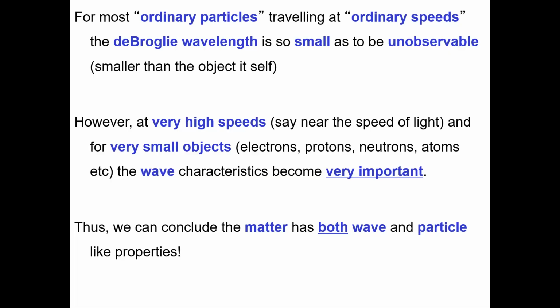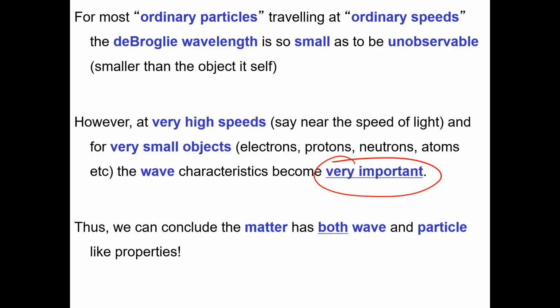However, when we have subatomic particles, maybe moving at very high speeds with very small masses, things like electrons, protons, neutrons, atoms, etc., what we're going to find is that the wavelengths are long enough that they become very important.